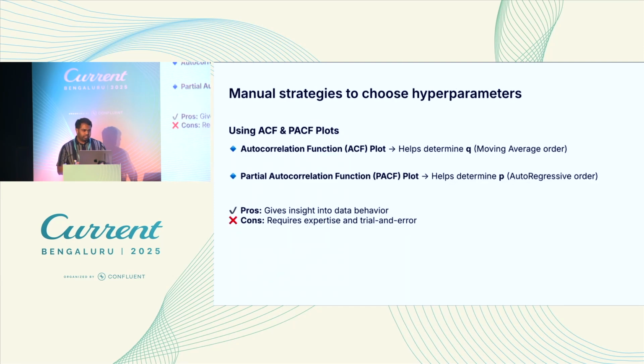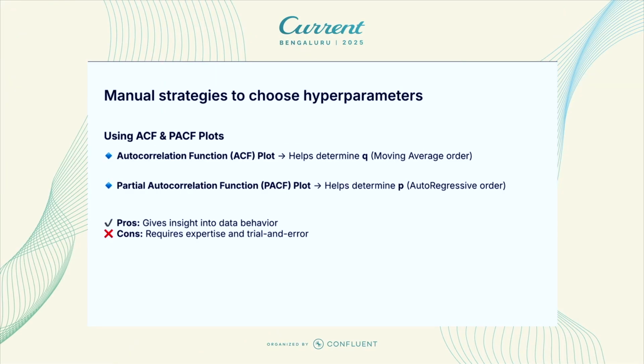So we looked at these hyperparameters for ARIMA, and they're sometimes complicated. How to choose them is a mixture of art and science. For P and Q, there are both manual strategies and automated strategies.